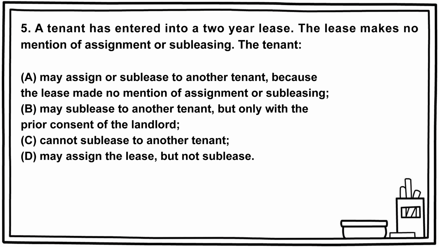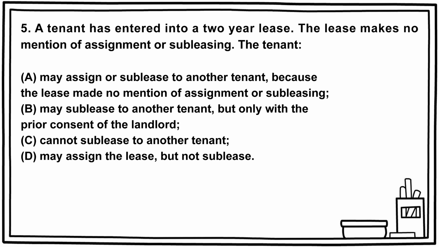5. A tenant has entered into a 2-year lease. The lease makes no mention of assignment or subleasing. The tenant: A. May assign or sublease to another tenant, because the lease made no mention of assignment or subleasing. B. May sublease to another tenant, but only with the prior consent of the landlord.